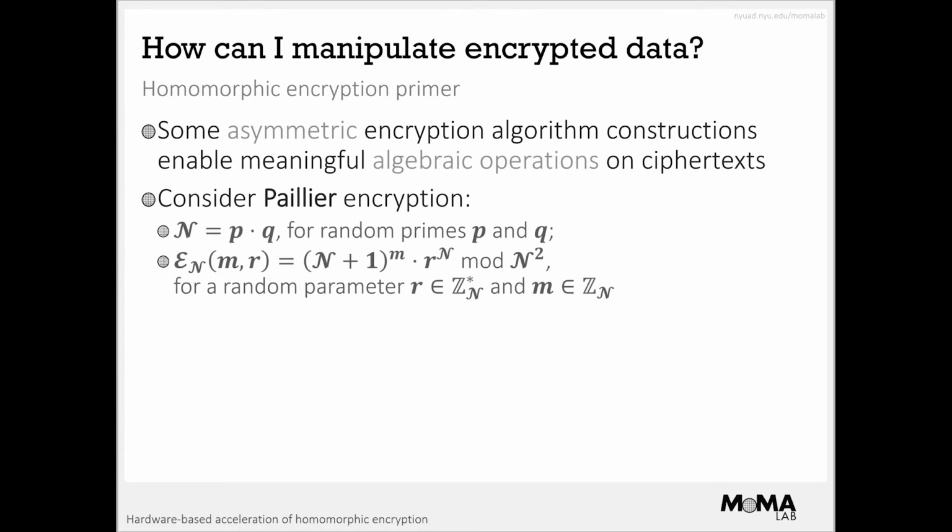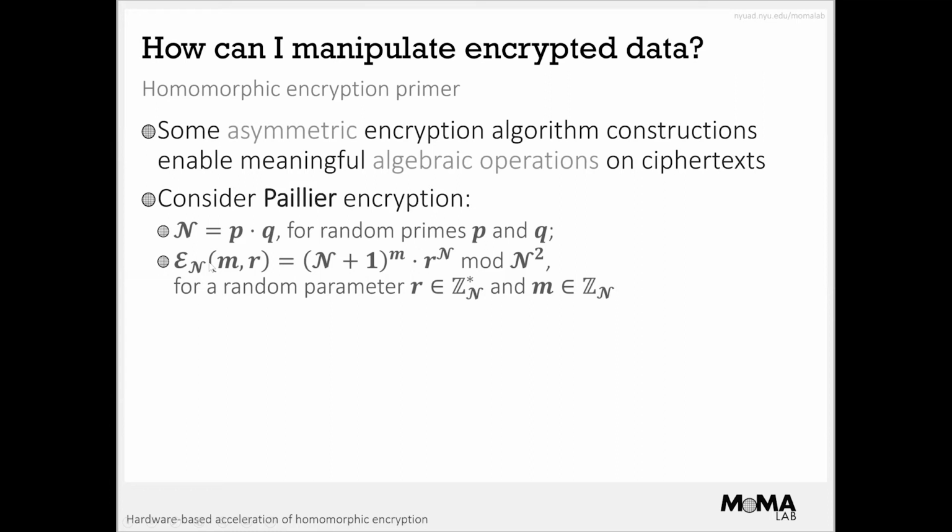A very simple example is Paillier encryption. You start with 2 big prime numbers, and then to encrypt a message, the message appears in the exponent, and there is the public key to an extent, and you also have some randomness for semantic security.